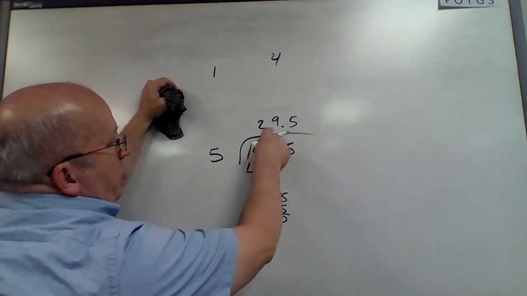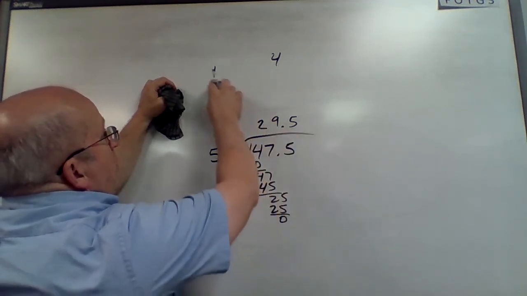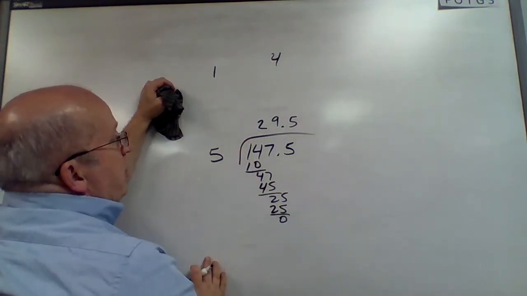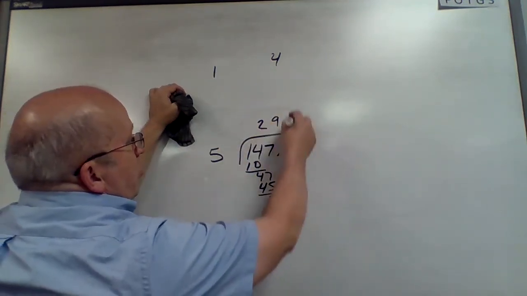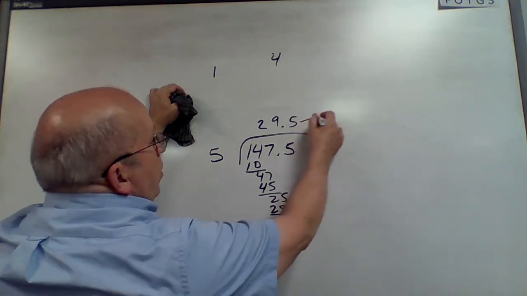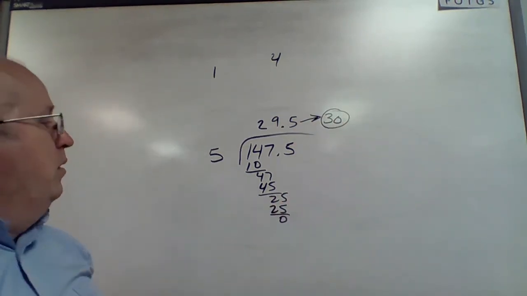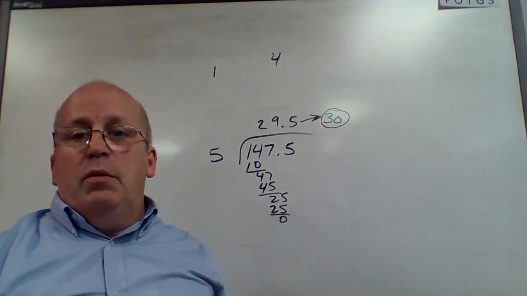Okay, so I have an answer of 29.5, but I need to change this answer so that it only has one significant digit. What's the closest number to this that has one significant digit? Well, that would be the number 30. So the answer to this problem is 30.